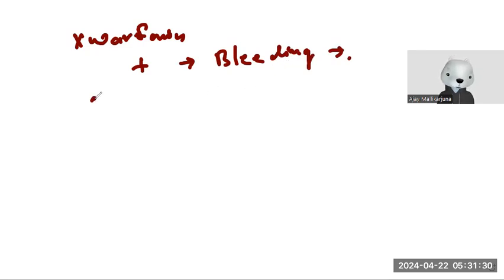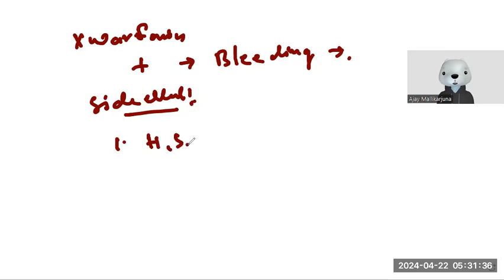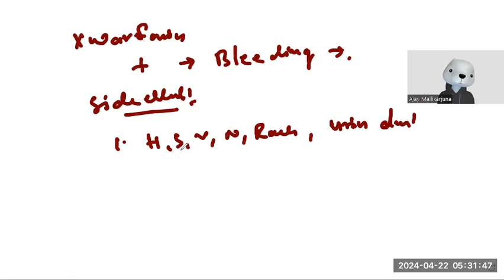Next, side effects. Number one, headache, sweating, vomiting, nausea, rashes. Urine may get dark in color.